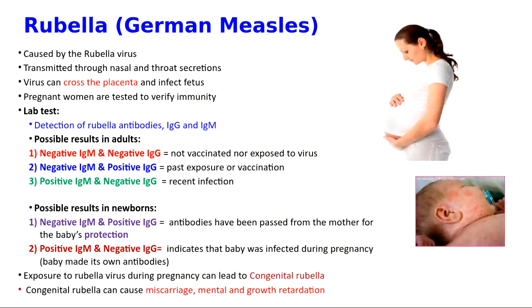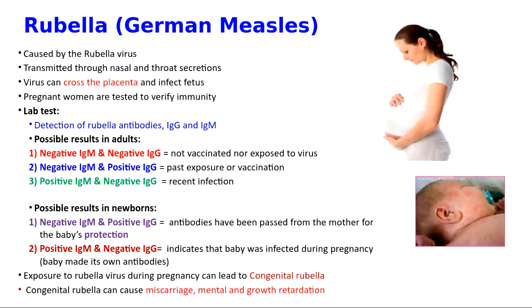IgGs can cross the placenta, but if the newborn comes out positive for rubella IgM antibodies, then that means the fetus got the infection during gestation, and they will have to monitor the baby and see if there's any developmental help that the baby might need.